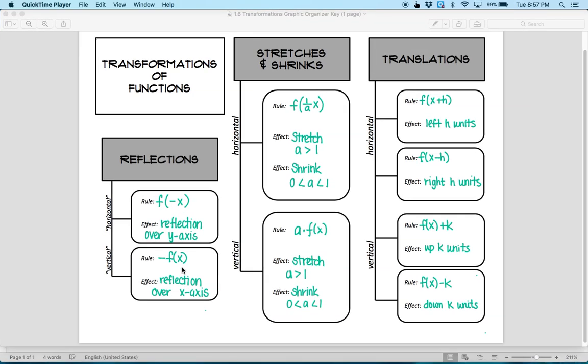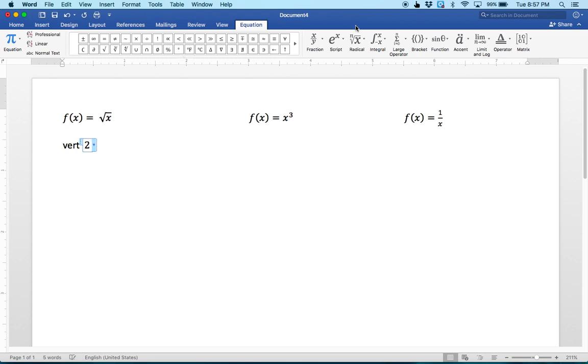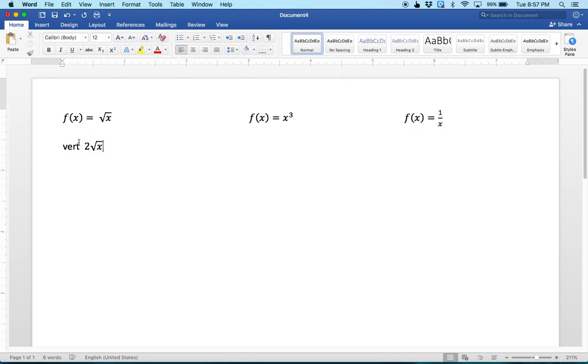Okay, so here's some parent functions. And you'll have to bear with my typing here. So here's what I mean by the inside or the outside of the function. For example, if we look at the square root, if I wanted to do a vertical stretch by 2, I would multiply the square root on the outside by 2.